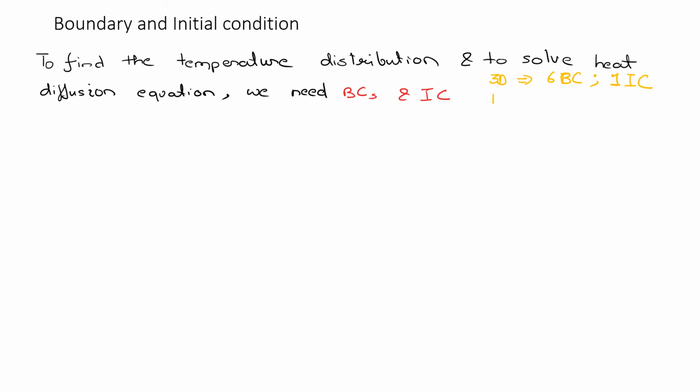If we have heat flowing in one dimension, we'll need two boundary conditions and one initial condition. But if our problem is steady state, we will not need any initial conditions.